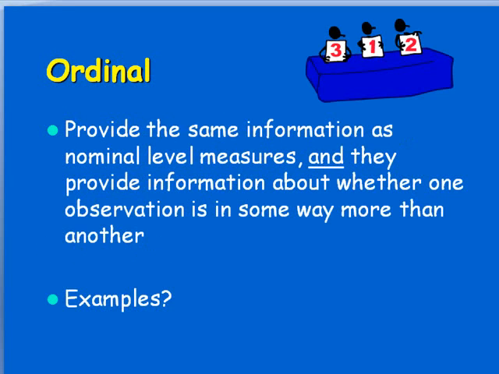Ordinal. Ordinal provides the same information as nominal, that things are different from each other, and then in addition it provides information about whether one observation is in some way more than another. A good example is the places in an election.